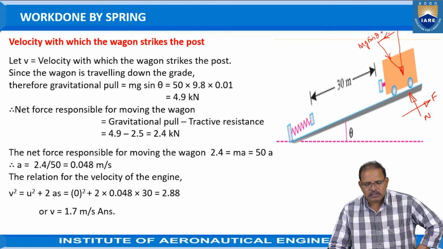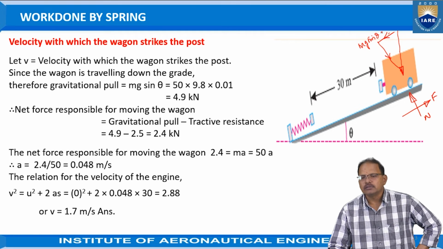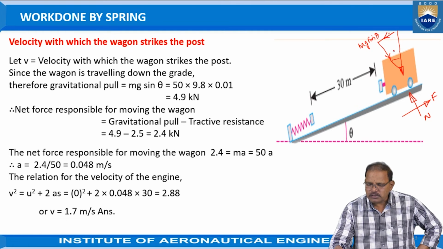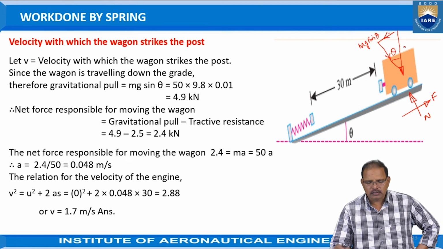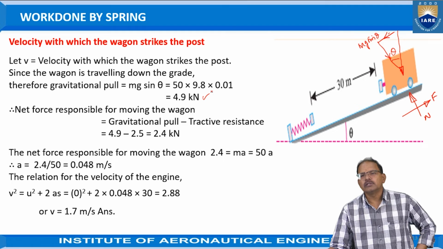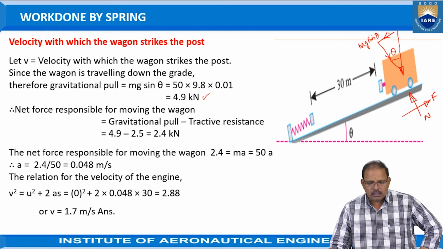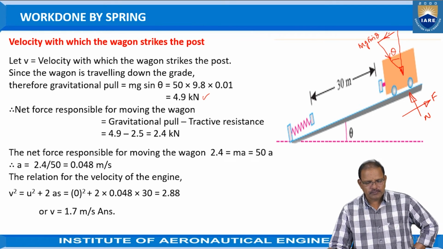Hence, the gravitational pull is given by mg sin theta, which is equal to 50 into 9.8 into sin theta, which is equal to 4.9 kilonewtons. This force mainly causes the wagon to move in the downward direction.